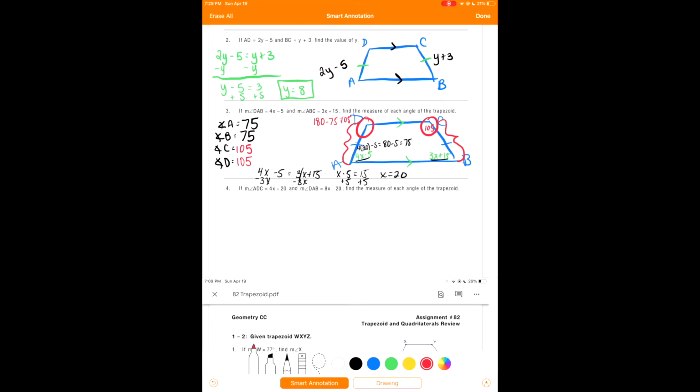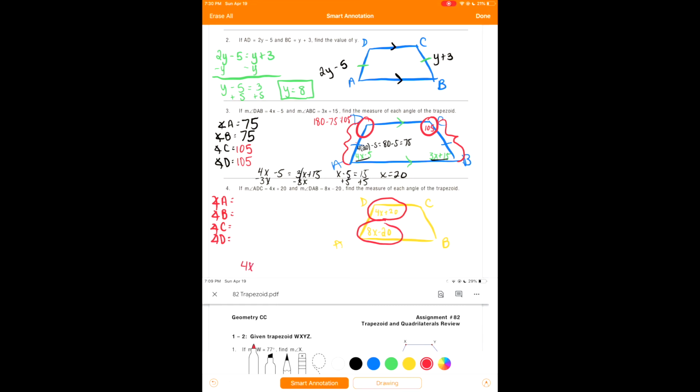For number 4, I have angle ADC and then I have DAB, 8x minus 20. Find the measure of each angle. So again, first thing I'm going to have to do is solve for x. I know that D and A have to add up to 180.